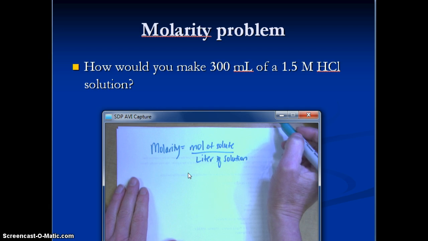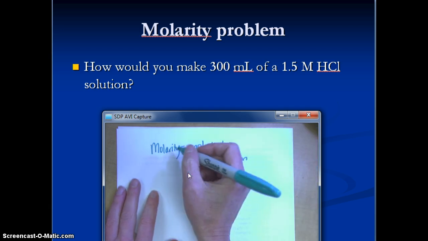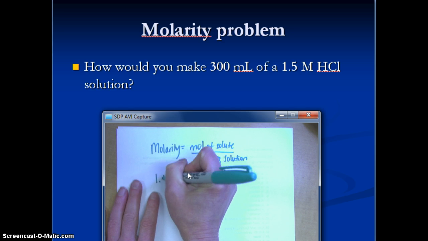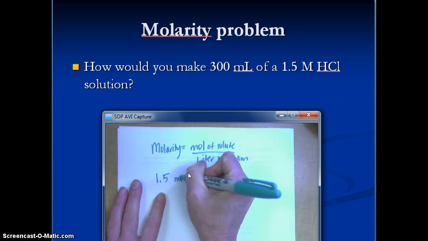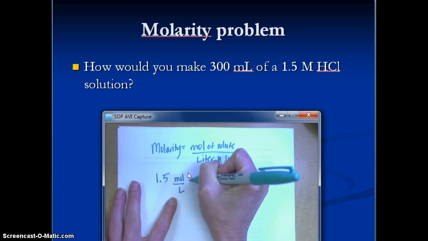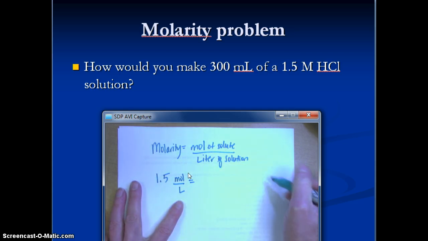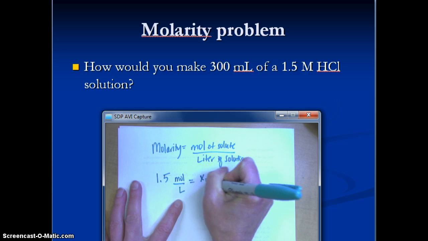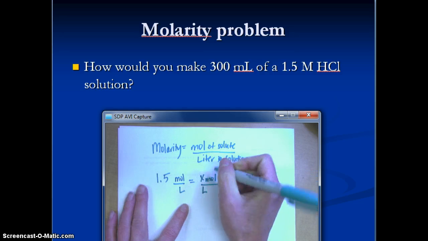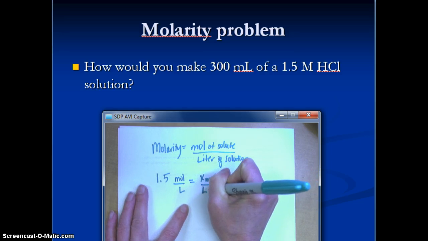So 1.5 molar is the molarity, and molar is moles per liter, so I'm going to put mole over liter, equals the moles of solute, which is what we're looking for, x moles of hydrochloric acid per liter of aqueous solution.